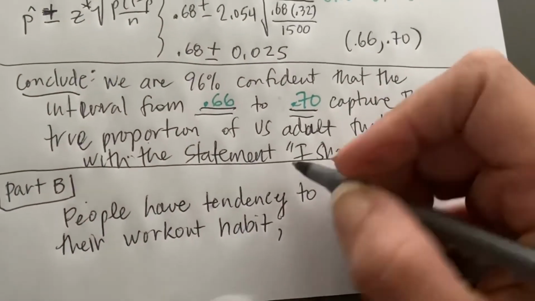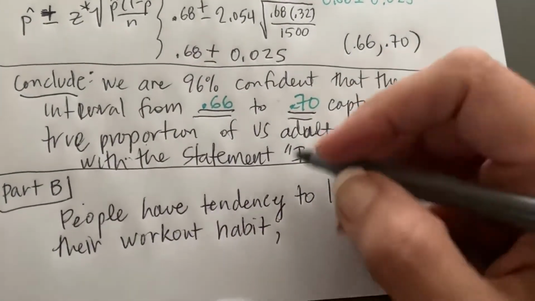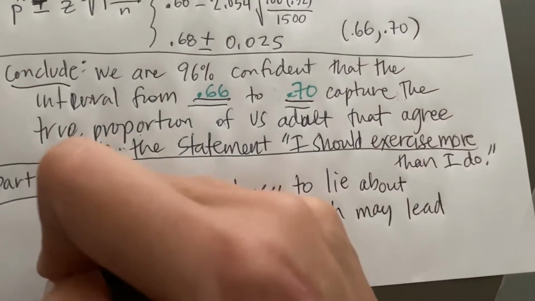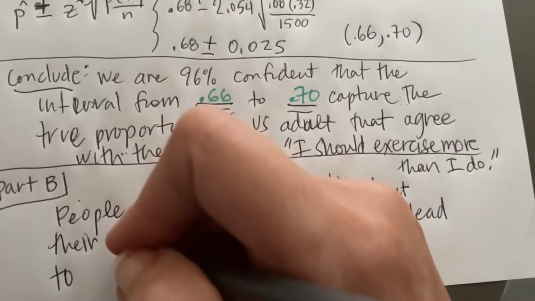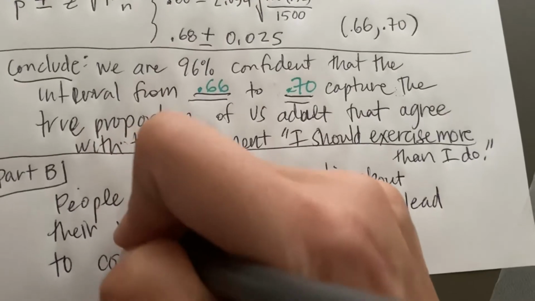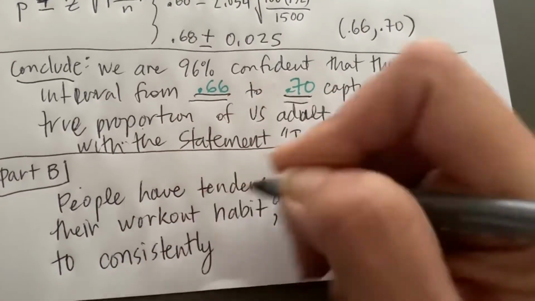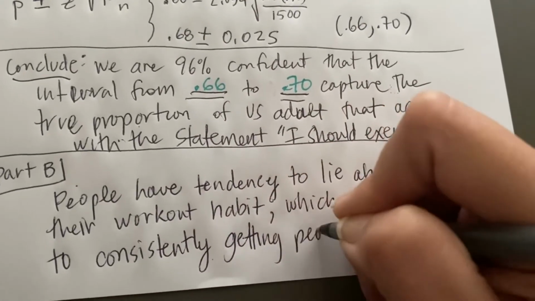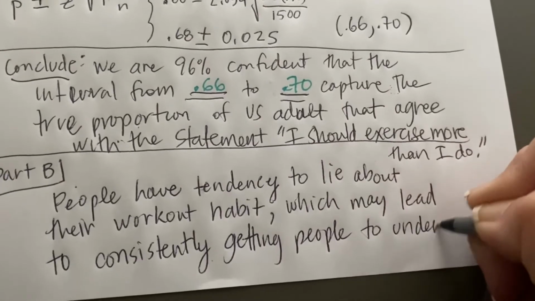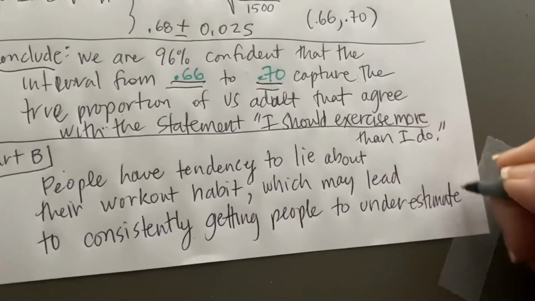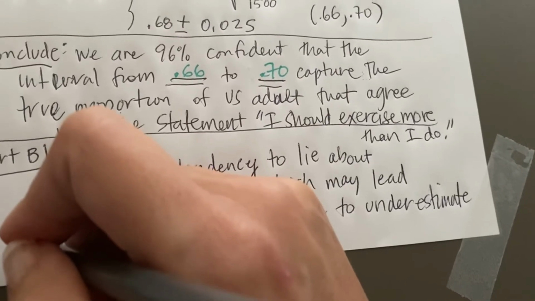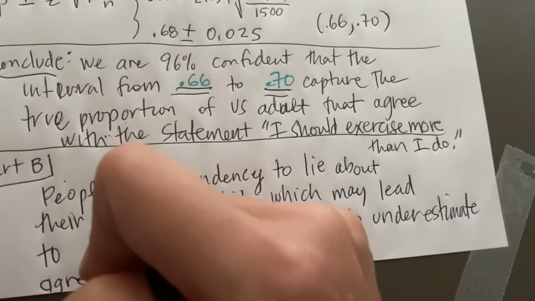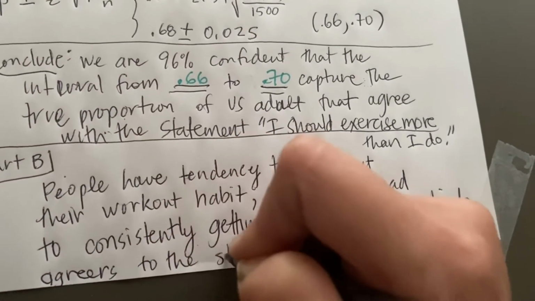So this is called response bias. People have a tendency to lie about their workout habits, which may lead to consistently getting people to underestimate agreers to the statement, I should exercise more.